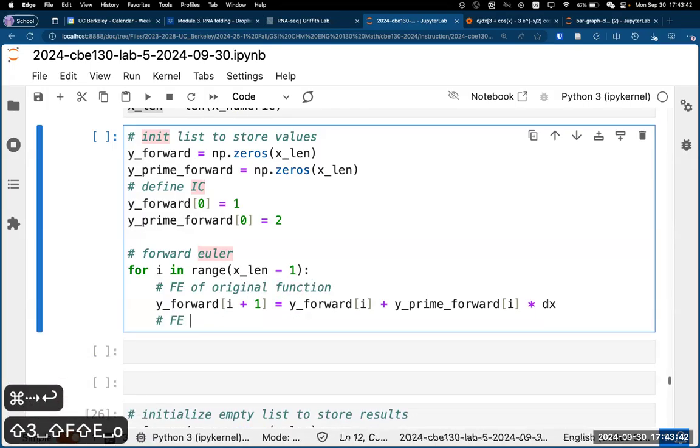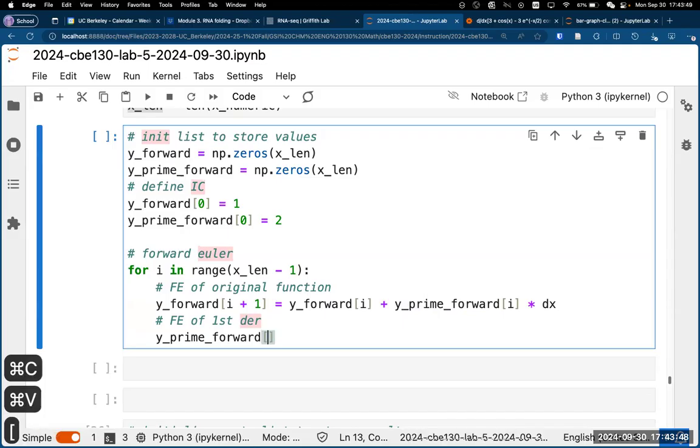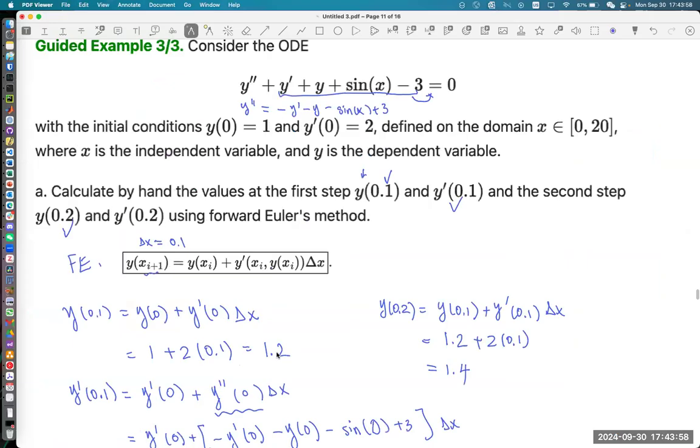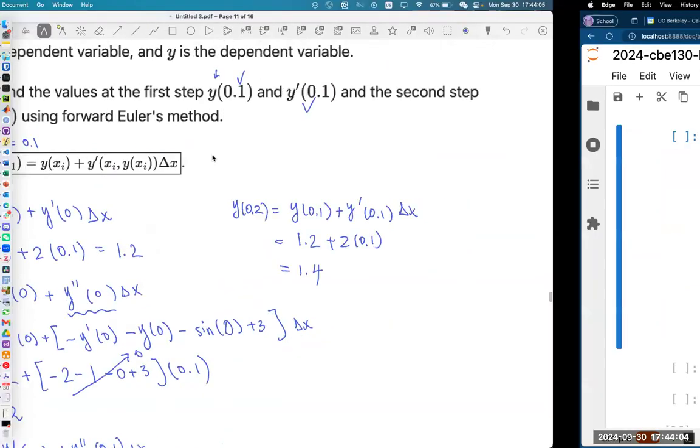Then we'll also do forward Euler of the first derivative. So y prime forward of I plus 1 is equal to it evaluated at I plus its derivative. But that derivative is y double prime. And y double prime we evaluate at the standard form of the original ODE.